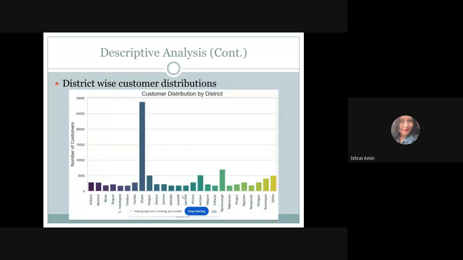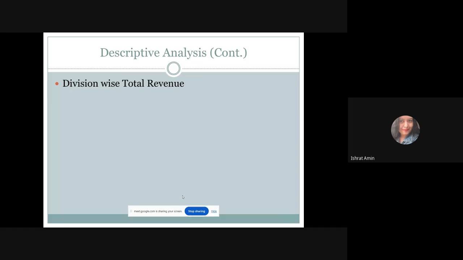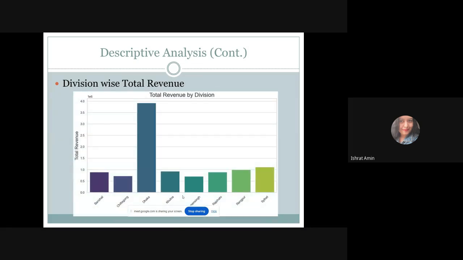Here is a graphical representation of district-wise customer distribution, and we can see that most customers come from Dhaka, the second most from Mymensingh, and Lakshmipur and Dinajpur come later. Here we see division-wise total revenue, and obviously it also comes mostly from Dhaka, and the lowest comes from Sylhet.